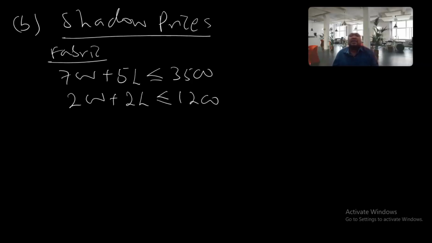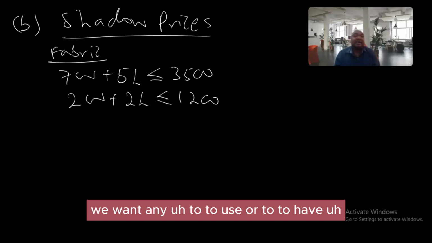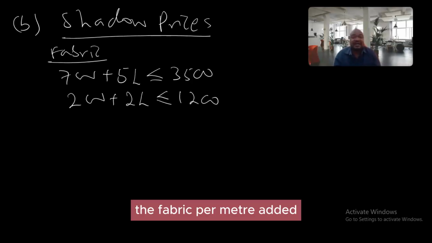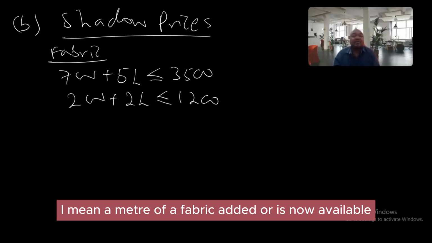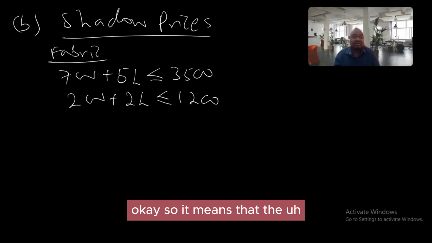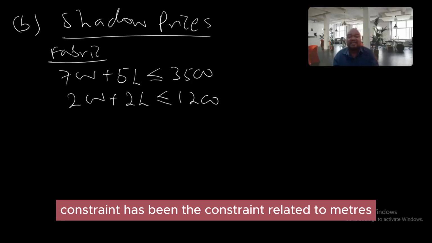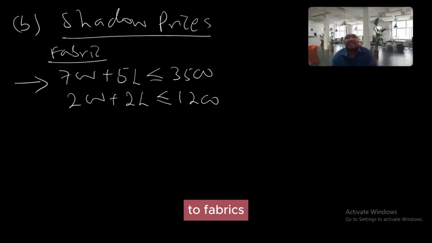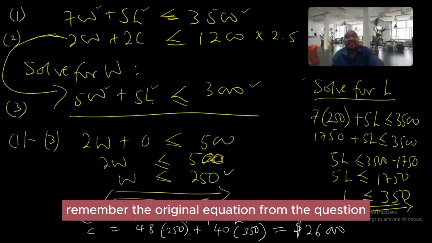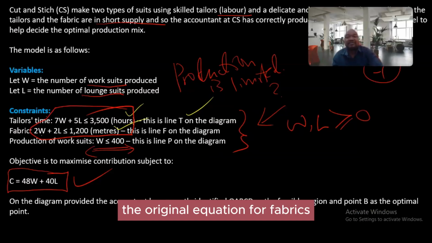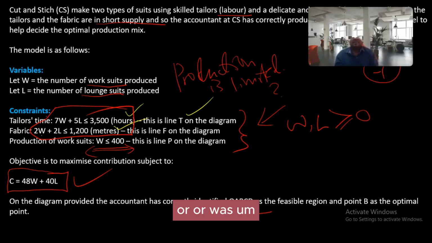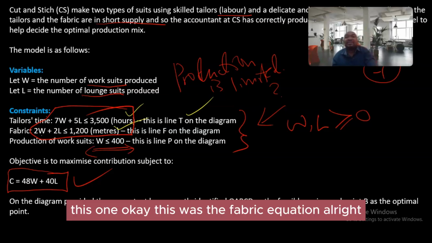But in this case, we want to have a meter of fabric added or now available. So the constraint related to fabric is affected. Remember the original equation from the question for fabrics; this was the fabric equation.